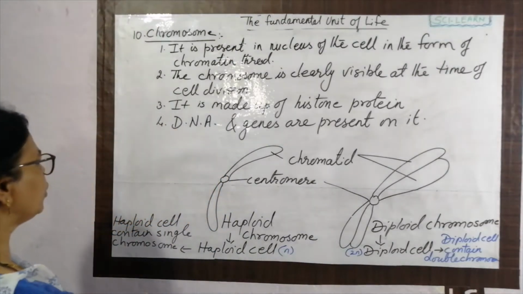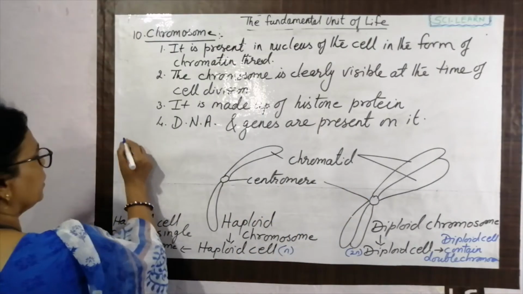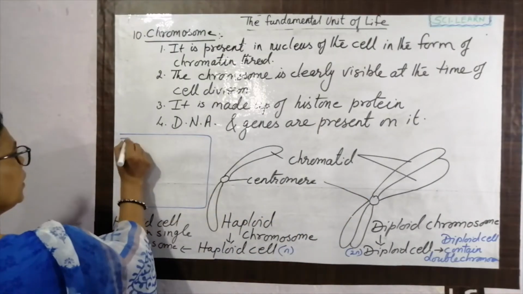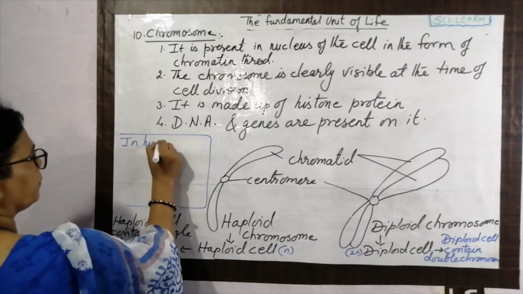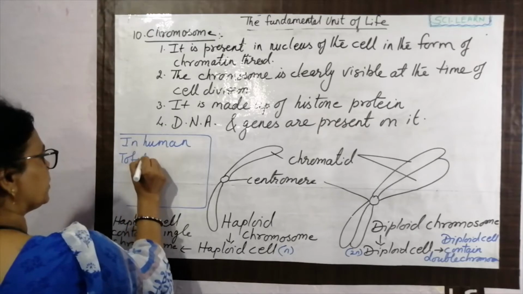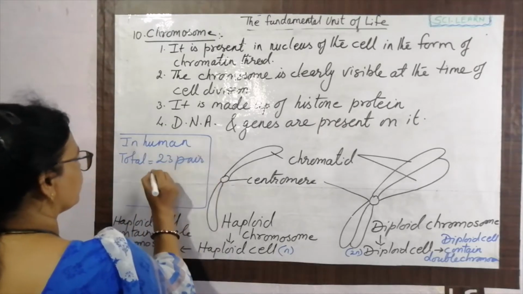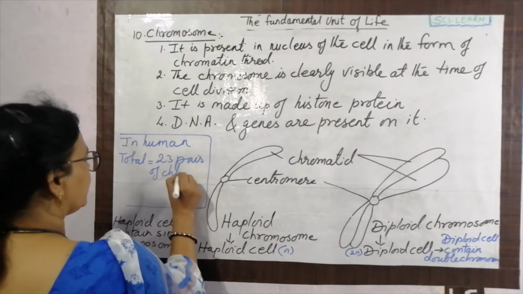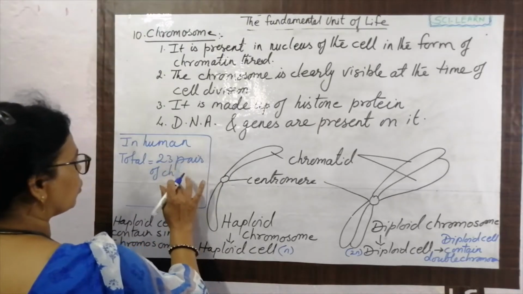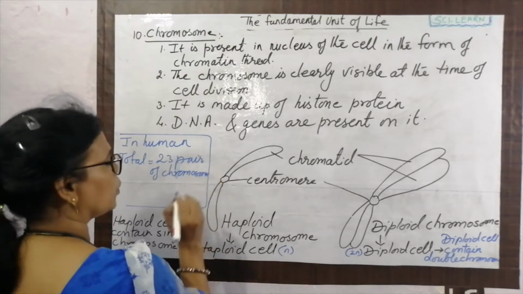Now, what about the human? In human, total 23 pairs of chromosomes are present.